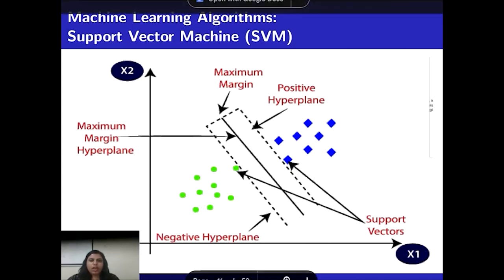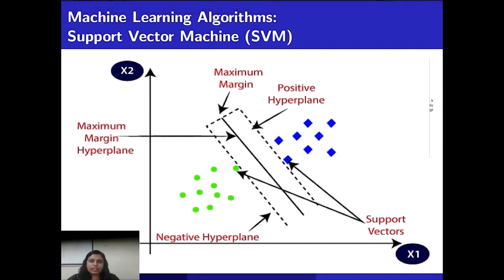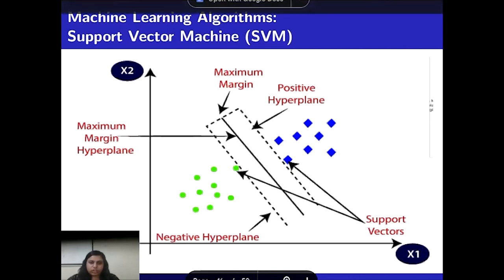Here we have positive hyperplane which segregates the members of positive class from the members of negative class, and negative hyperplane which segregates the members of negative class from members of positive class. Here we have constructed maximum margin hyperplane based on positive hyperplane and negative hyperplane. Therefore, these two hyperplanes are known as support vectors and this machine is known as support vector machine.